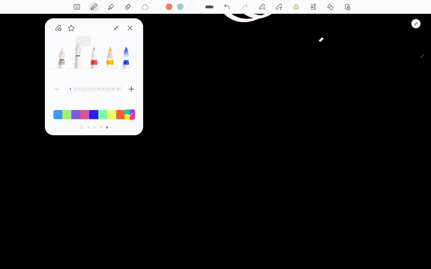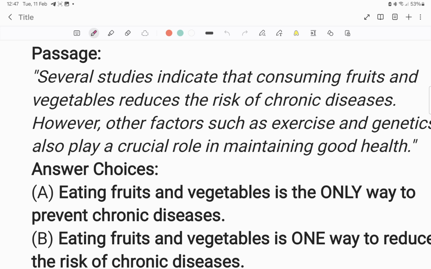Now we'll do a CLAT style example, a real world application for technique one, where no teacher does this for you. This is your passage.